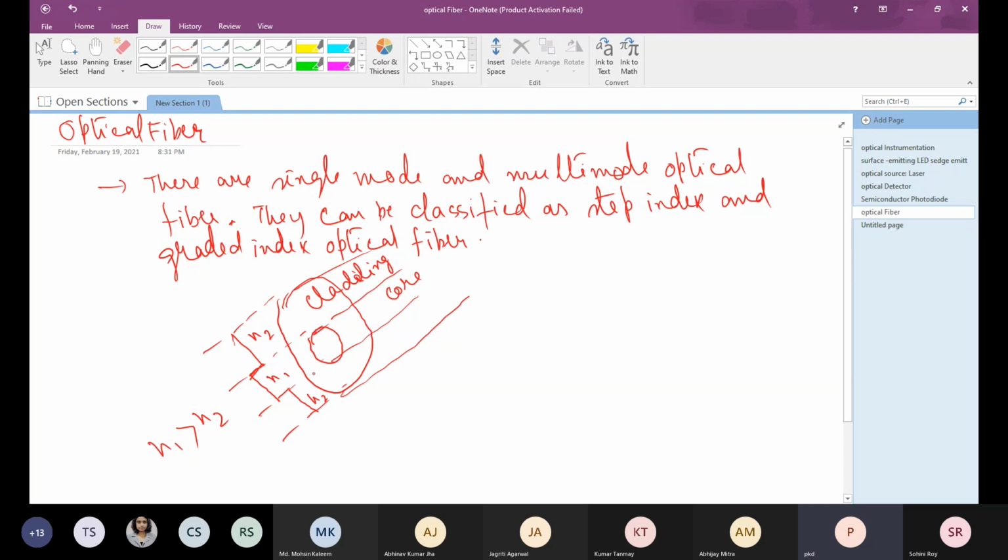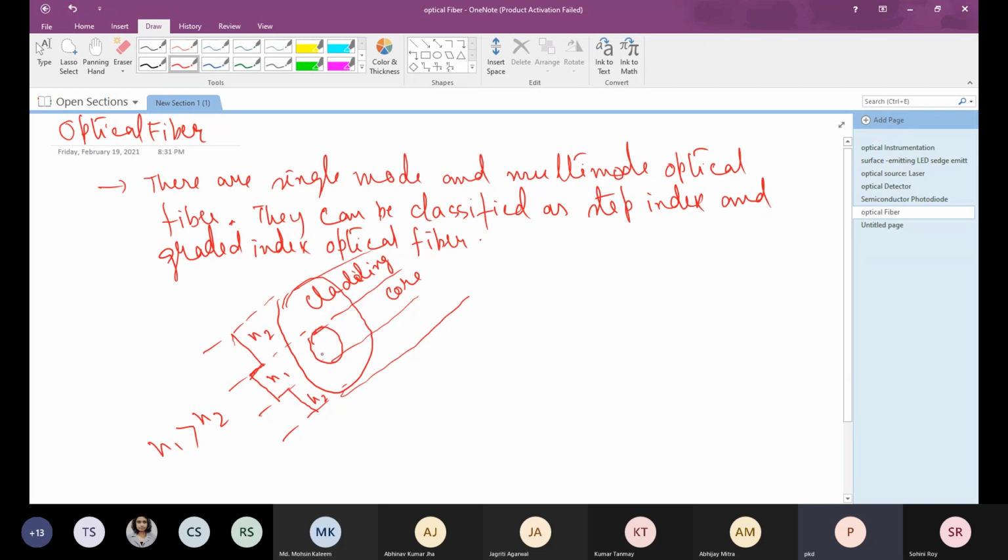However, from an instrumentation point of view, that is not so important. Optical fibers used for illumination purposes, large acceptance angles are important because they can capture larger energy and also deliver larger power.